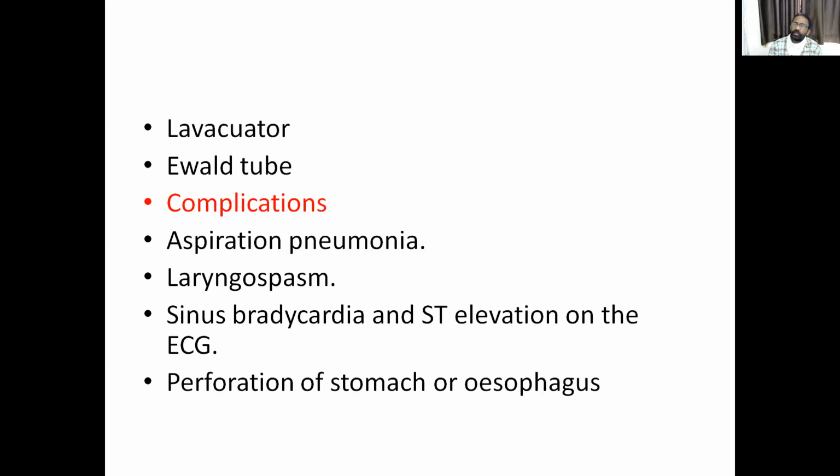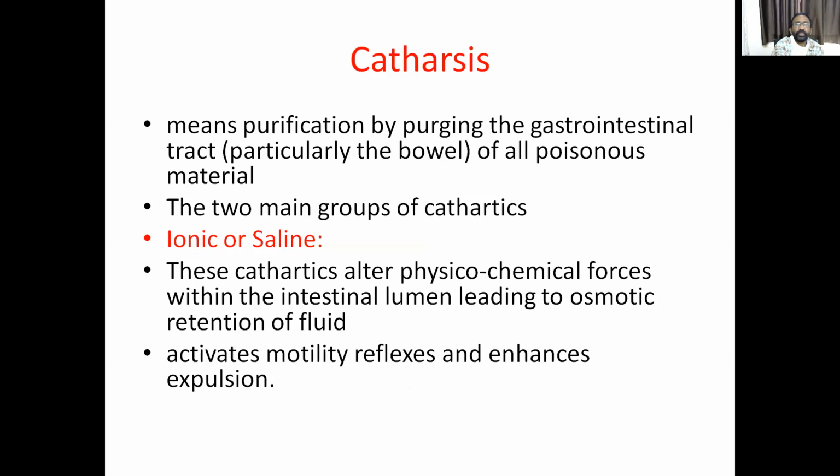Hypermagnesemia is life-threatening. So fresh water gastric lavage is very advisable to wash the stomach. Stomach wash is very beneficial if the patient is brought to you within 1 to 2 hours of ingestion.